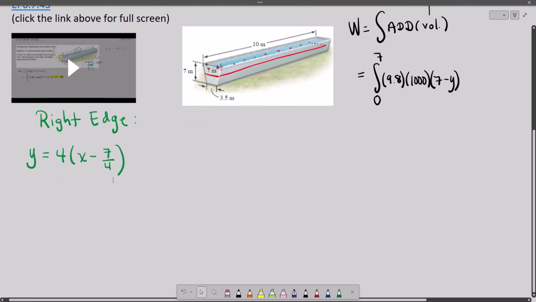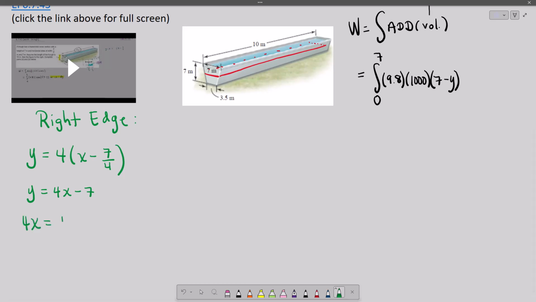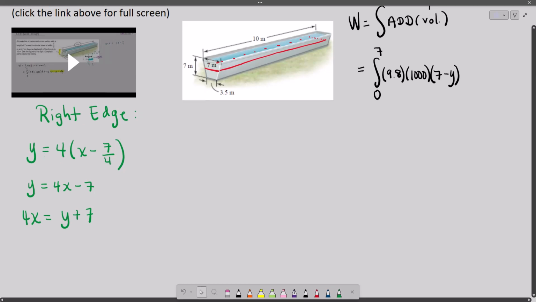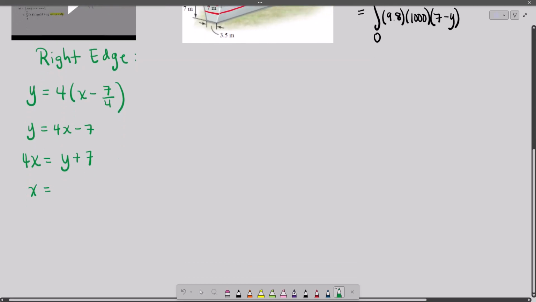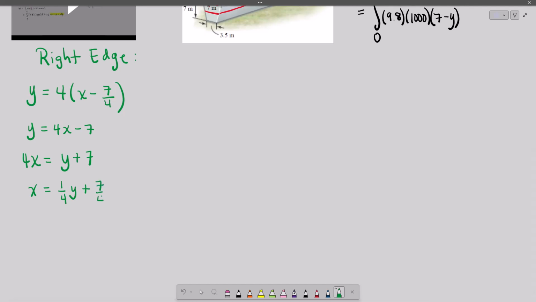We'll distribute this 4. So Y will be 4X minus 7. We're going to isolate the X, so we'll put the X on the left. Divide by 4. So that's X. So X measures from our vertical axis over to the right edge. W goes from the left edge to the right edge, though. It doesn't go from the axis, which is right in the middle, over.